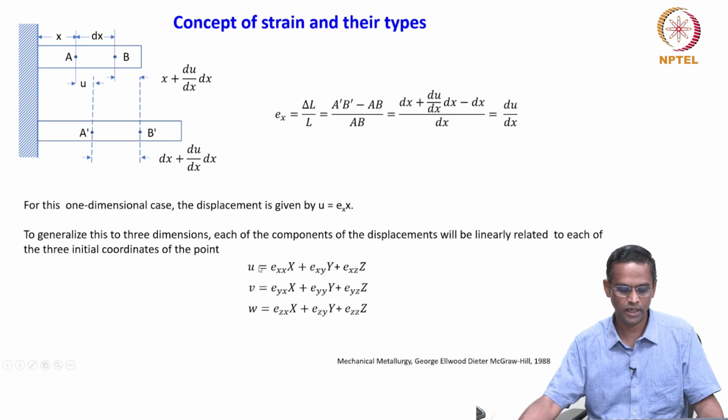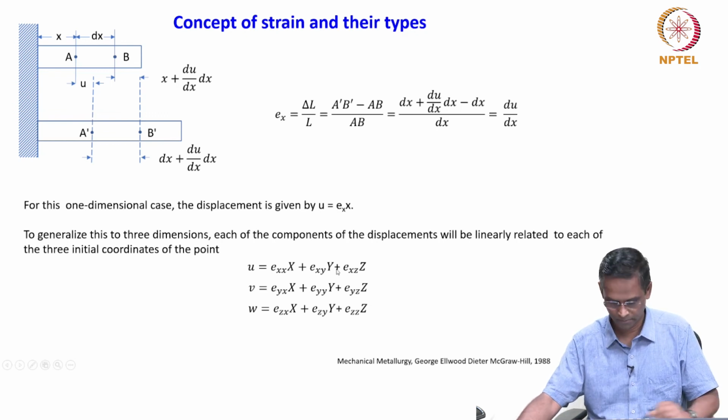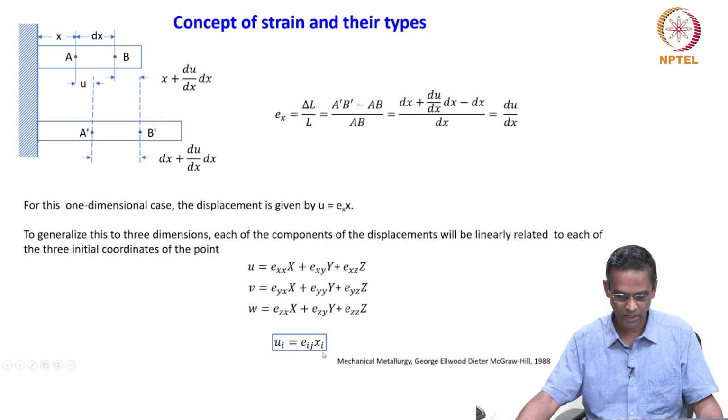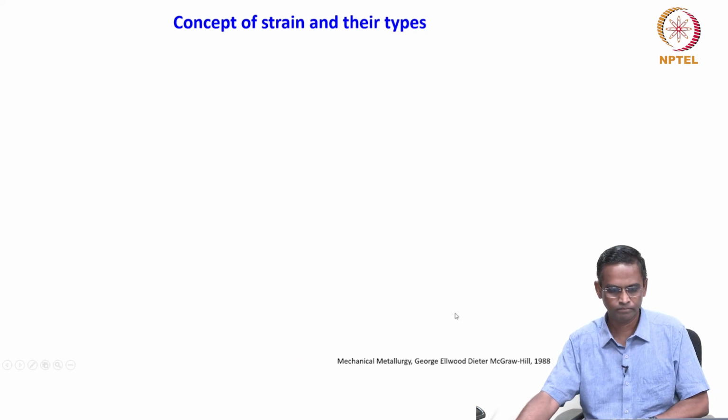So for the 3 directions or displacements in the 3 perpendicular directions and coordinates, that is how you should look at it. So generally you can write ui is equal to Eij xj. It's a general notation.